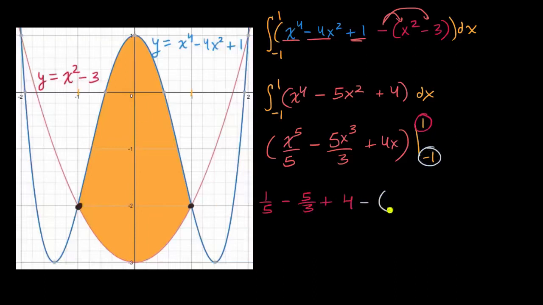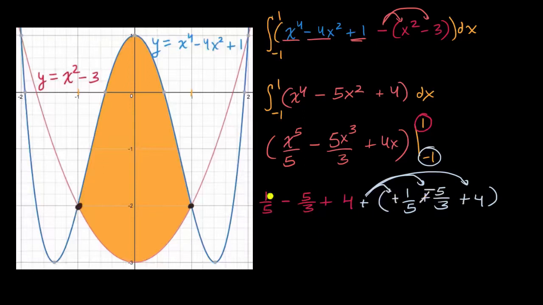So minus, if this is -1, we're going to get -1/5, and this is going to be plus 5/3, and then this is going to be minus 4. But then when you distribute the negative sign over all of these terms, if we make this positive, this will be positive, this one will be negative, and then this one will be positive.